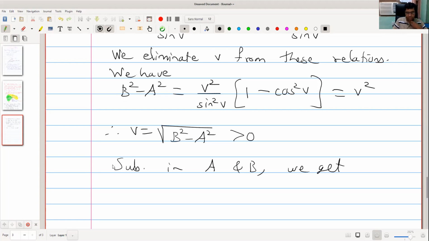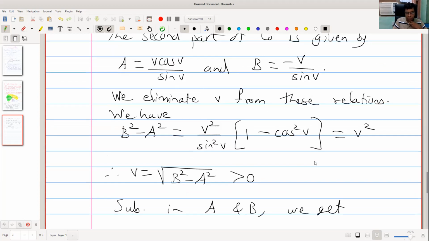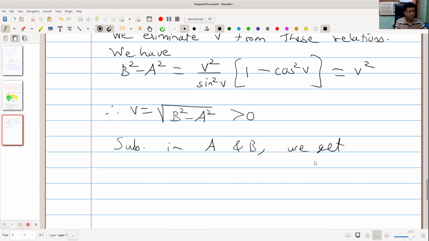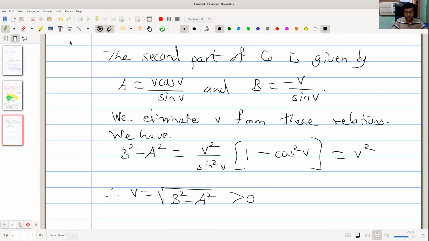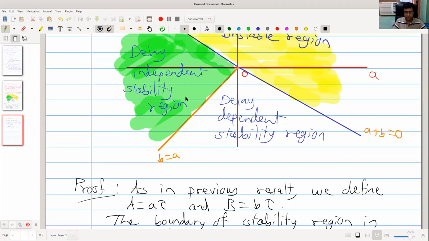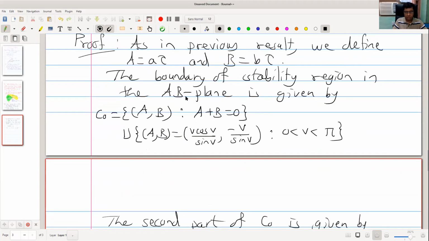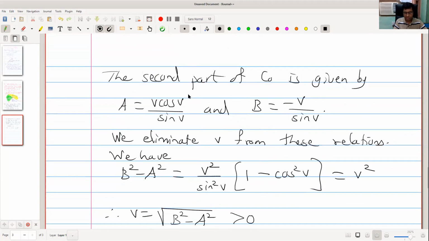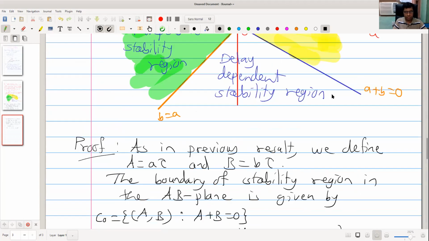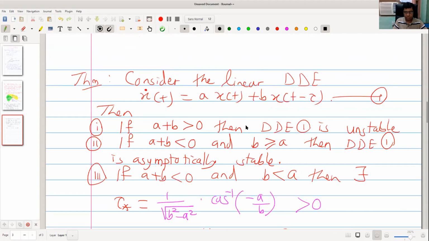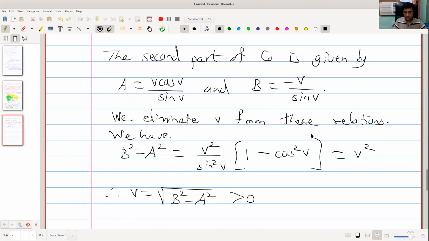Not in A and B, we have one more thing. So this is, let me call this as 2.